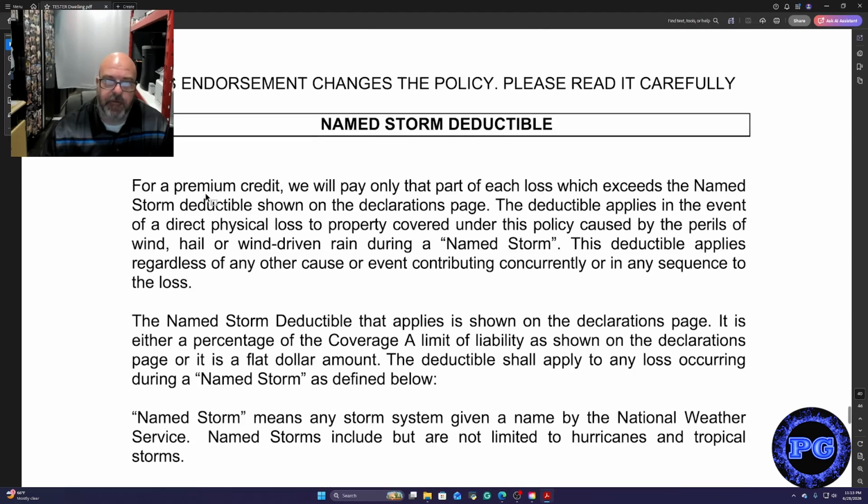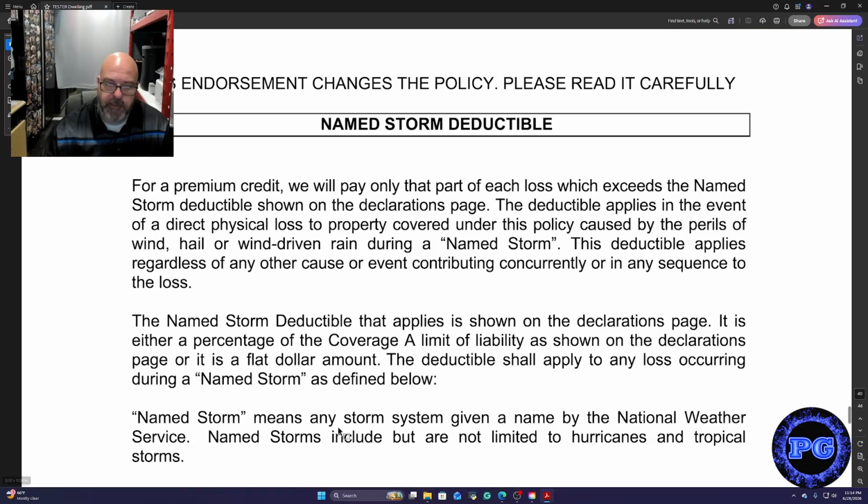we'll go down here. So for a premium credit, we will pay only that part of each loss which exceeds the named storm deductible shown on the declarations page. So the deductible applies in the event of direct physical damage to property caused by perils of wind or hail during a named storm, right? So the wind or hail has to be during a named storm in this situation. It's either a percentage or a flat dollar amount, and the deductible shall apply to any loss occurring during a named storm as defined below.